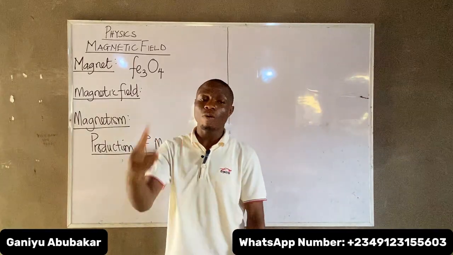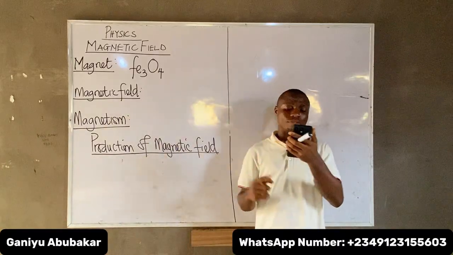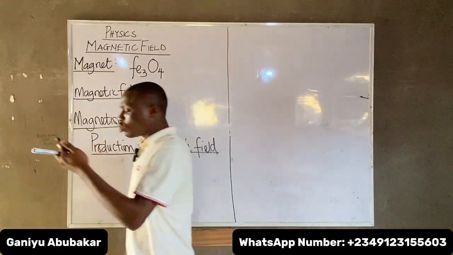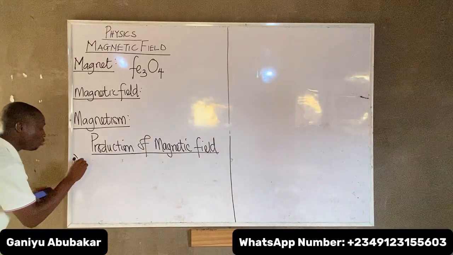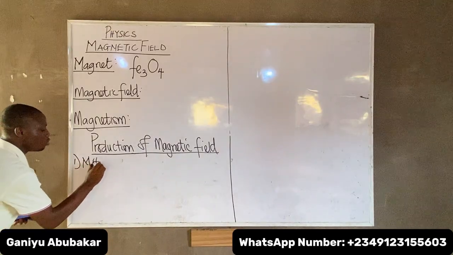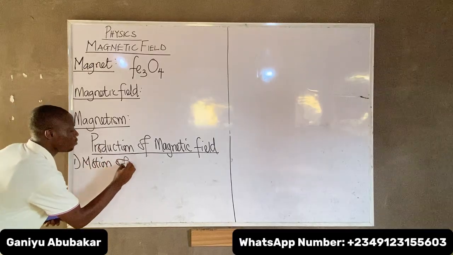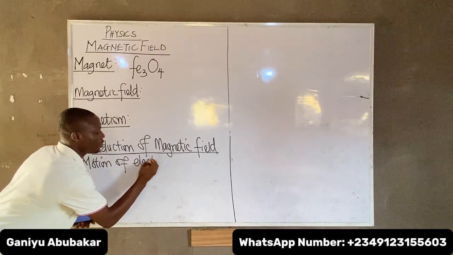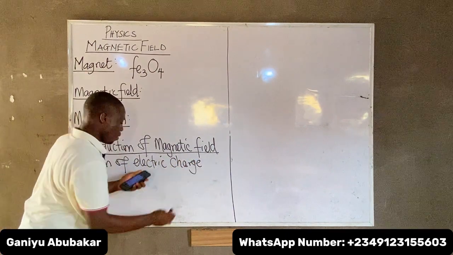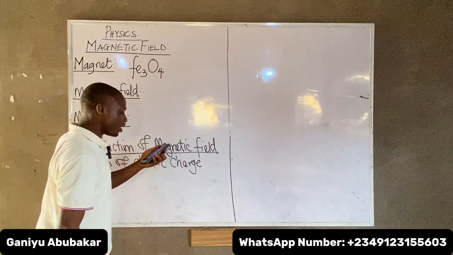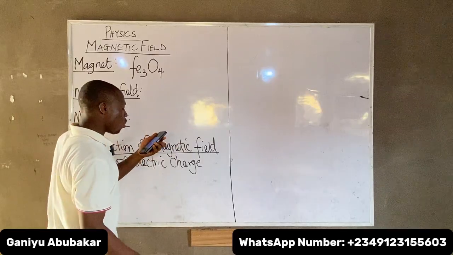There are two. Number one is called motion of electric charges, or you call it electrical current.